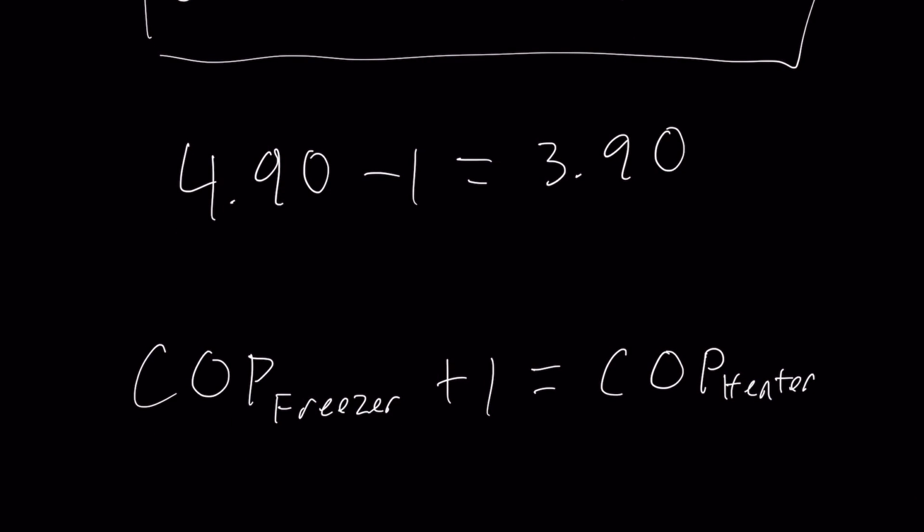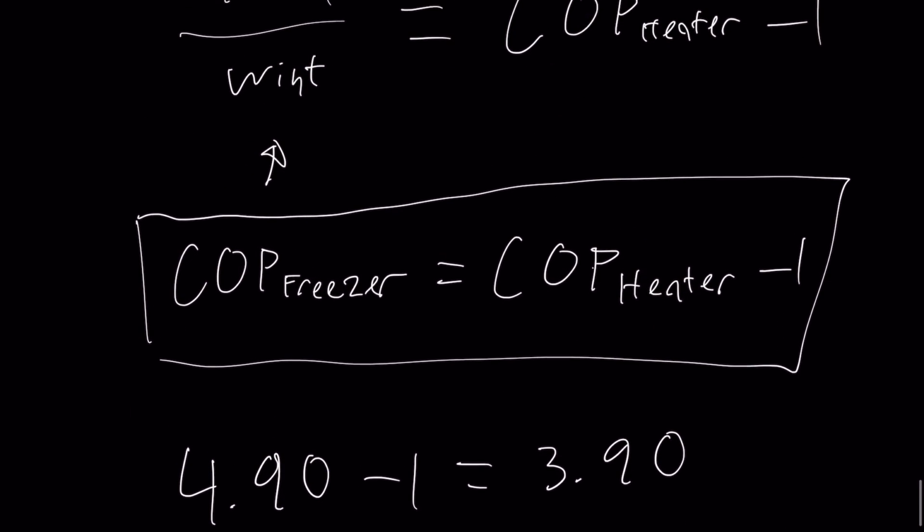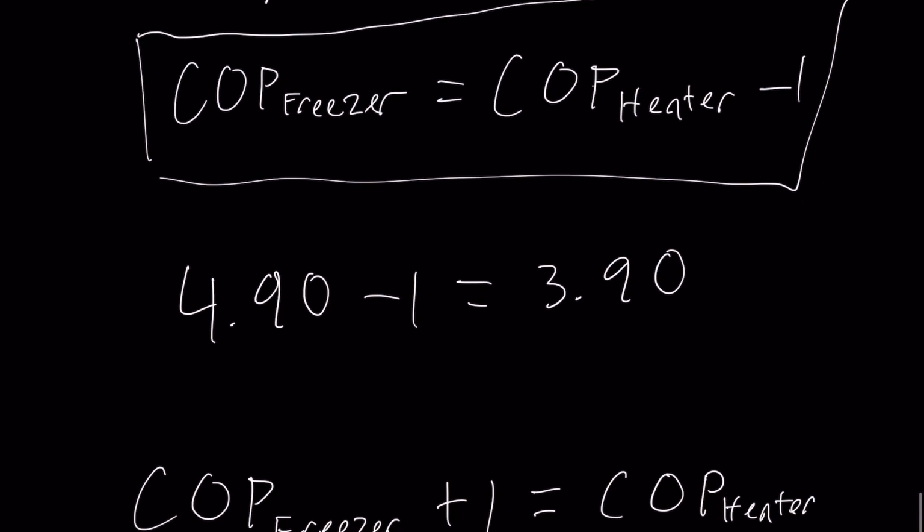And this is always going to stand true so long as our heaters and our freezers have that exact relationship. So in this case, since our coefficient of performance for the heater was 4.90, all we do is subtract 1, and we get that our coefficient of performance for the freezer is 3.90.